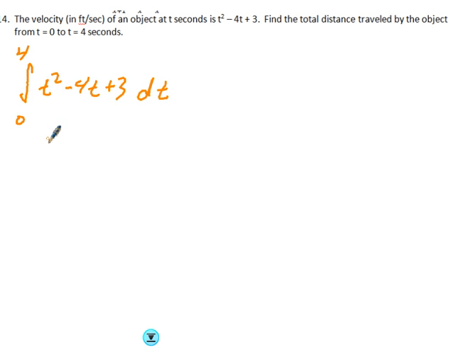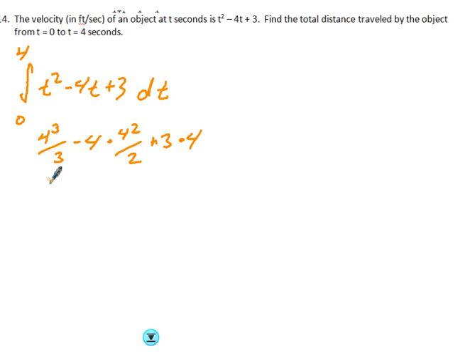So what we'll say is this is 1 times 4 cubed over 3, and this would be minus 4, because that's the coefficient of the t term, times 4 squared over 2, where 4 is the upper limit, plus 3 times 4.